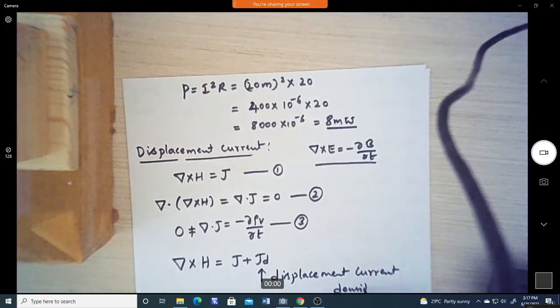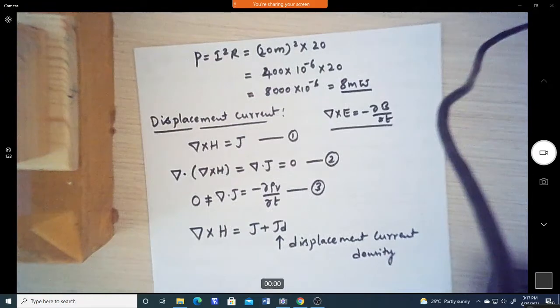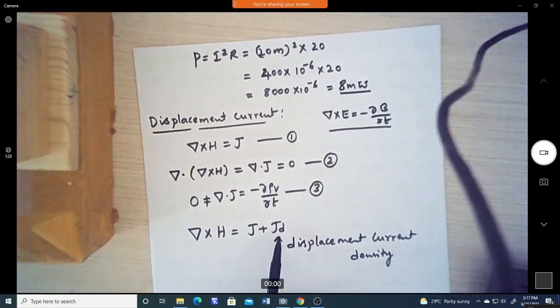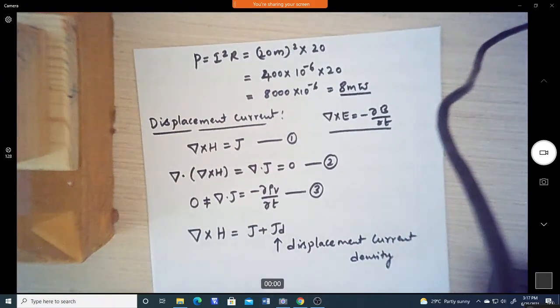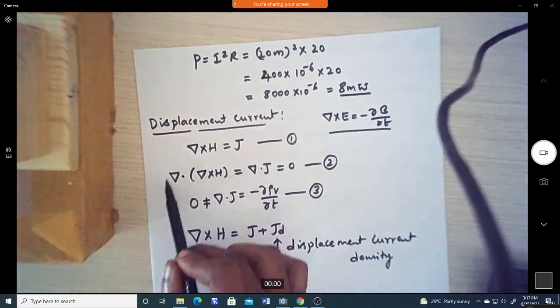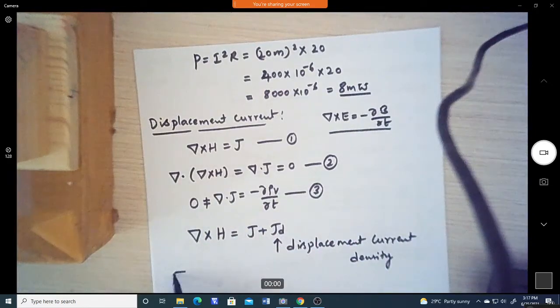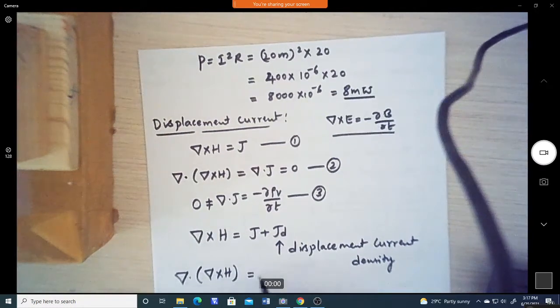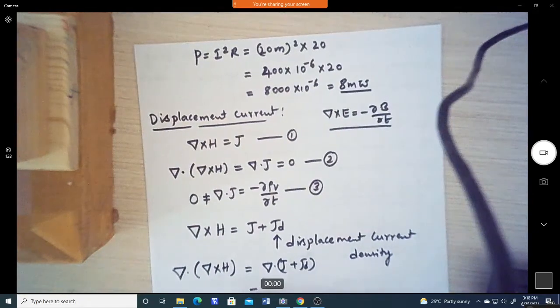Displacement current density. Now we have to define this displacement current density. If I take the divergence of this equation, it is equal to del dot (J plus JD). So now I write del dot J plus del dot JD.